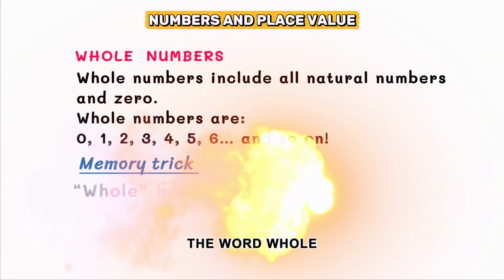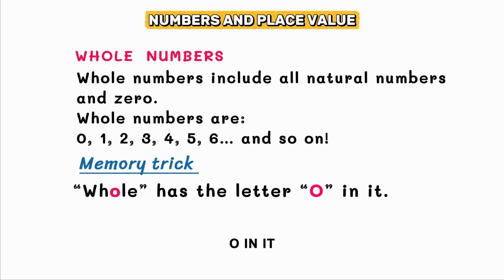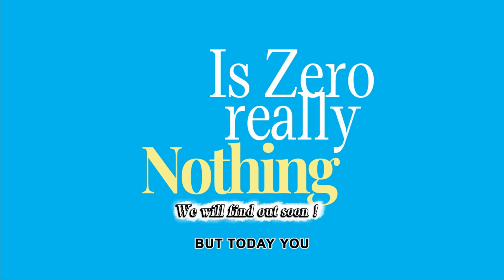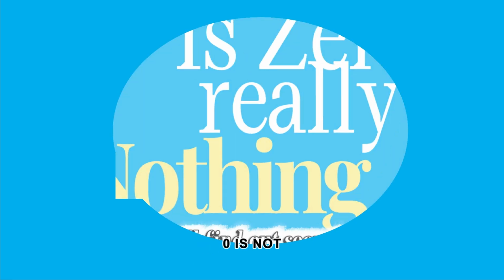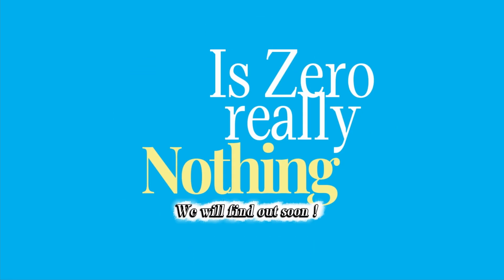The word whole has the letter O in it, and that O looks like 0. So whole numbers start from 0. Sometimes we say 0 is nothing, but today you will see that 0 is not just important, 0 is powerful. Stick around to find out why.